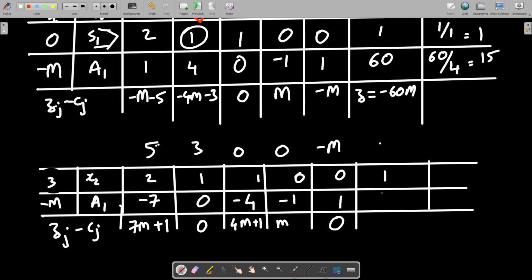I had not calculated this now. 1 into 60 minus 4 into 1, so 56 divided by 1.